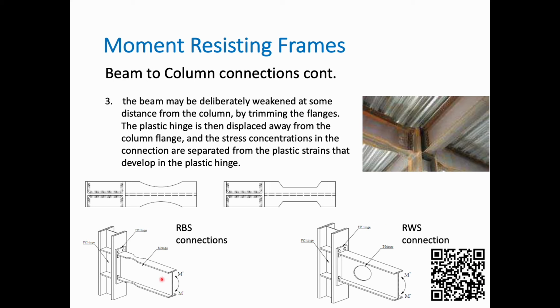Of course, instead of having a moment hinge here, you have a shear hinge here because you are reducing the area of the web. It's not the right time to go through that. There is another lecture on this that I have done, so that you can watch later on perhaps.